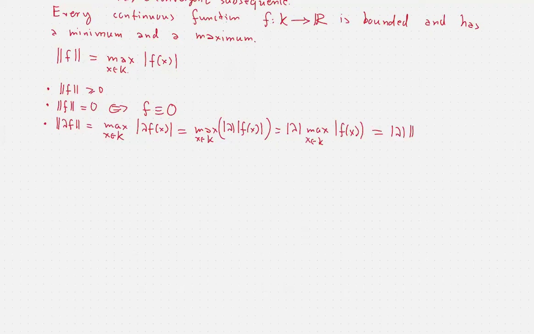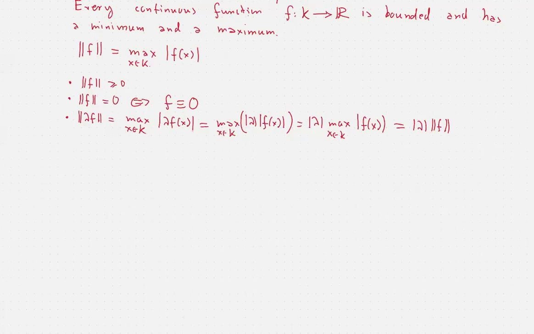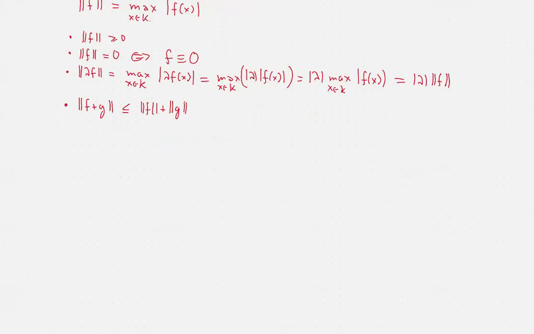And how about the triangle inequality? We have two functions. Is it true that the norm of their sum is less than or equal to the sum of their norms? Well, that's actually quite straightforward to check, because if we take any element x, then we have that this is less than or equal to the absolute value of f of x plus the absolute value of g of x.